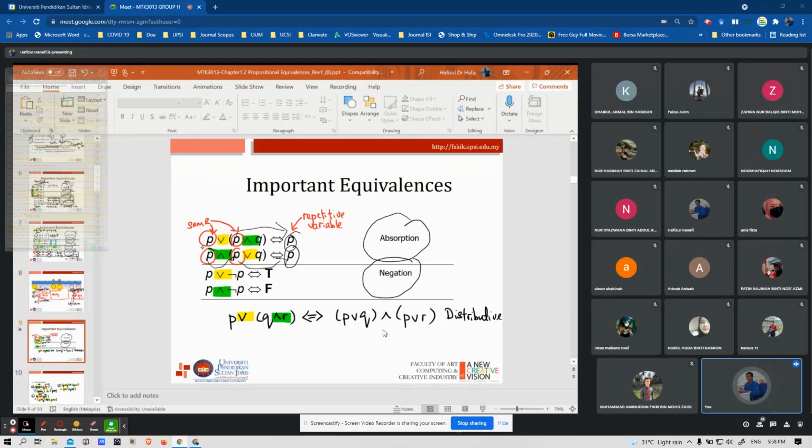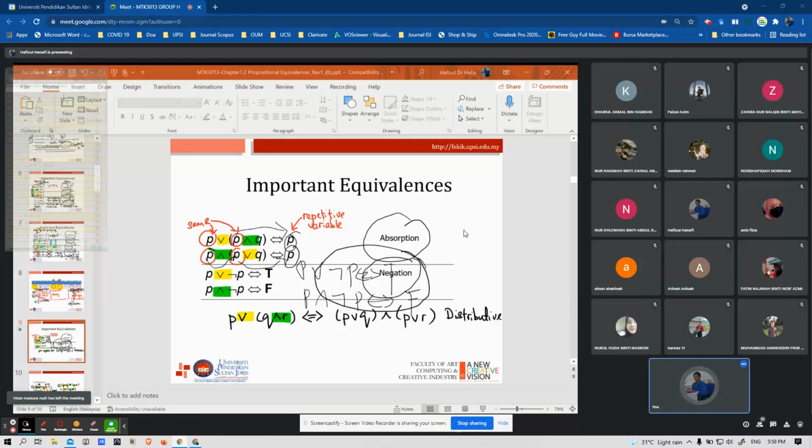For the negation, we have P or negate P equivalent to true, and P and negate P equivalent to false. This one is negation. Negation is a rule of inference or transformation rule in the field of propositional calculus.